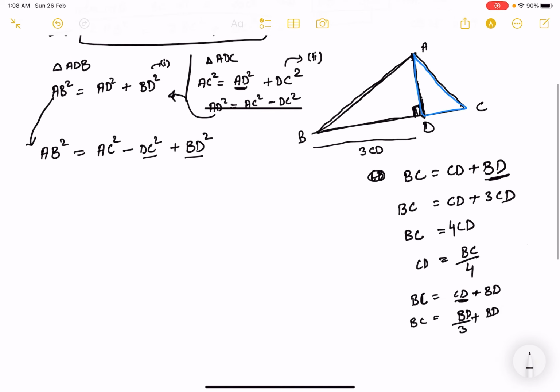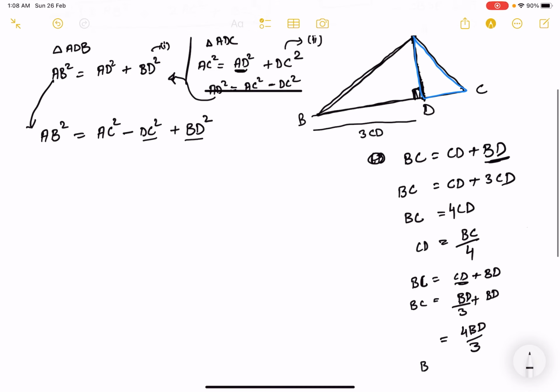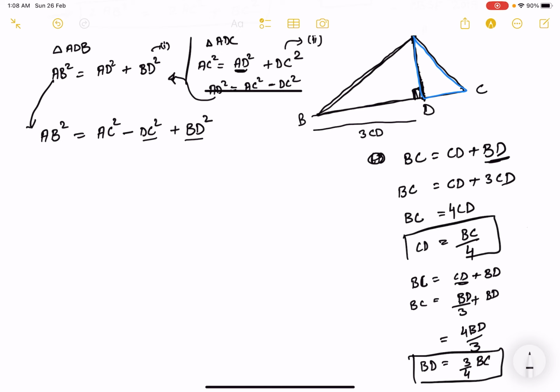Taking 3 common, this is 4 BD, or we can say BD is equal to 3 by 4 of BC.